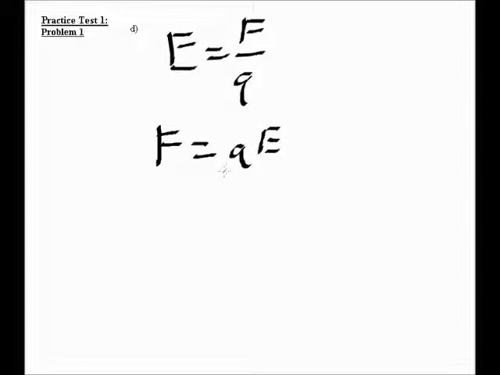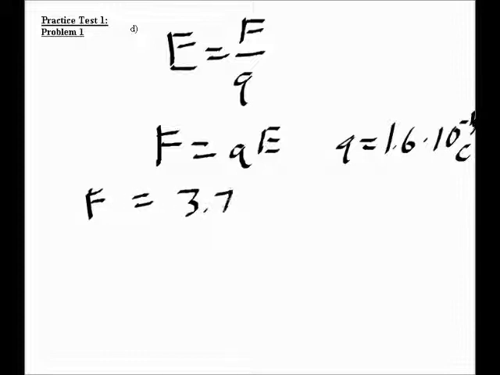So then the Q would be equal to the charge on a proton, which is equal to 1.6 times 10 to the negative 19 coulombs. And E would be your answer from part B. So plugging in both of these, you would get an answer of 3.7 times 10 to the negative 13 newtons.